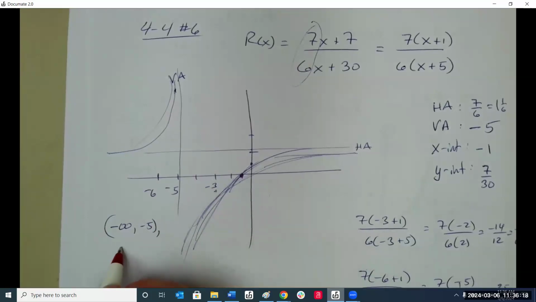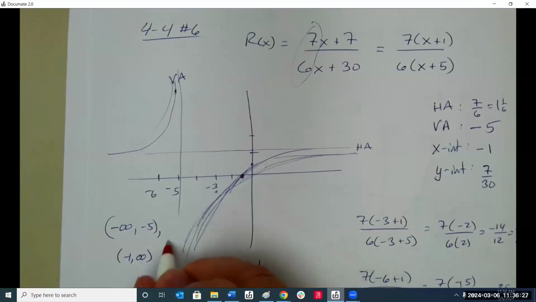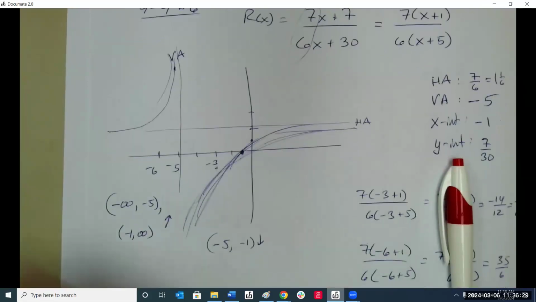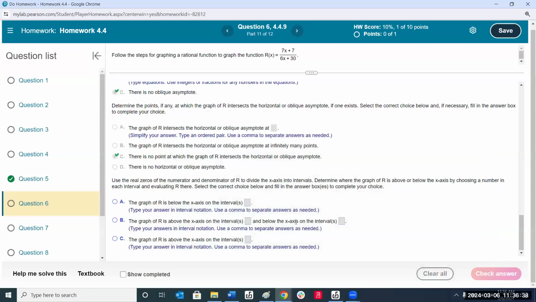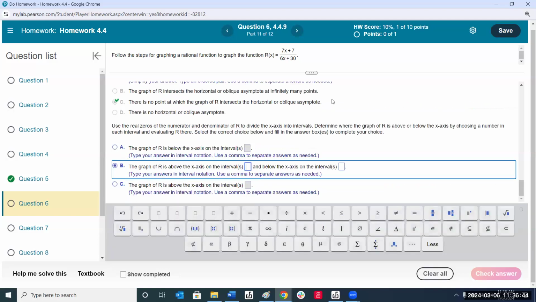And then from -1 to infinity, it's above. -5 to -1, it's below. It's above the x-axis at -infinity.